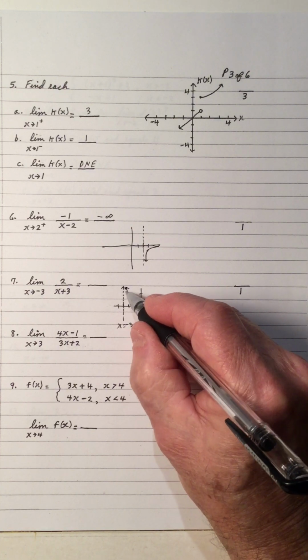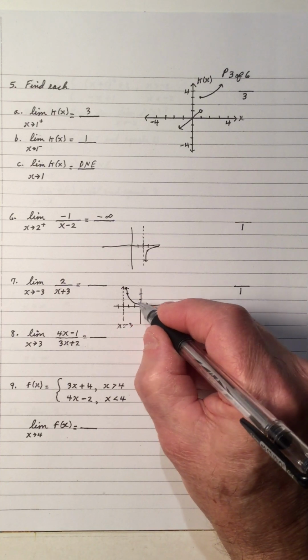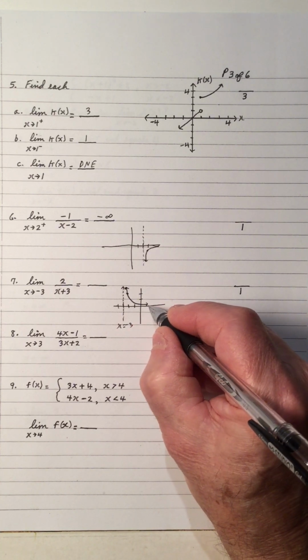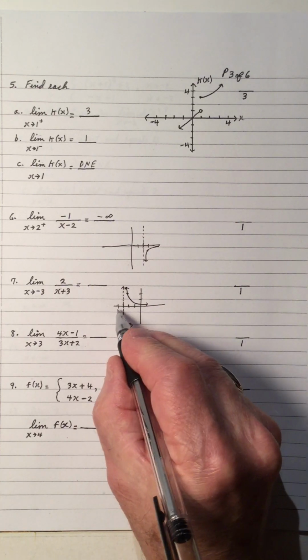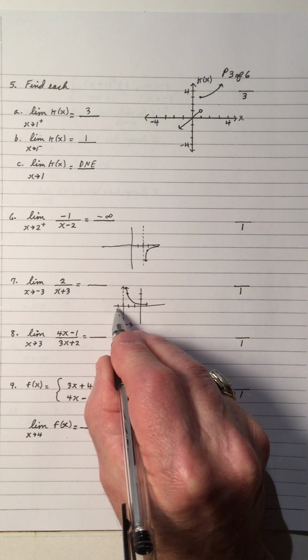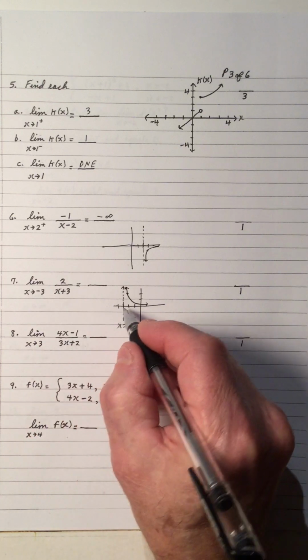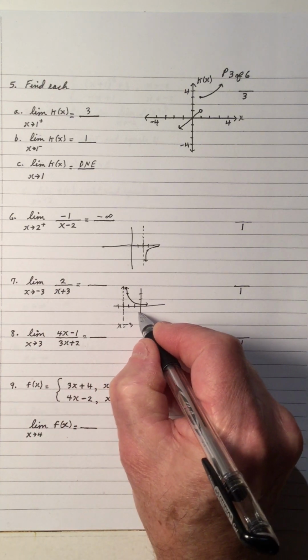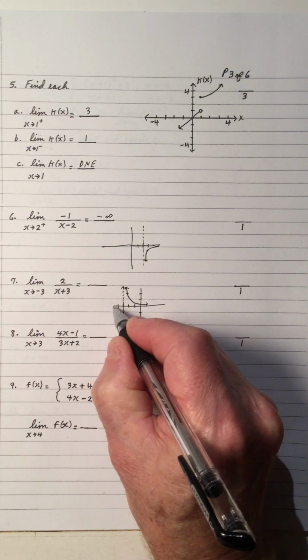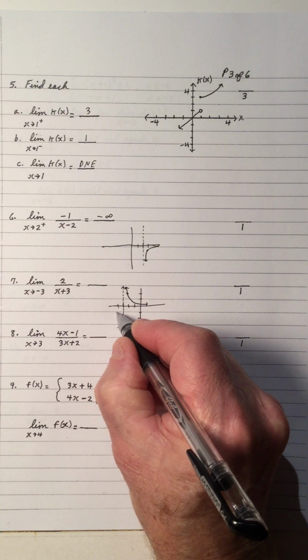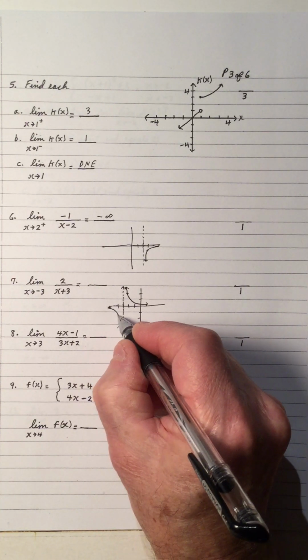There it is, the vertical asymptote. It will not cut through the vertical asymptote. The horizontal asymptote is 0. And that means if I put in negative 4 in here, negative 4 will give me negative 1, which will give me negative 2. So negative 4 is negative 2. So this point here, that means the graph is doing this.